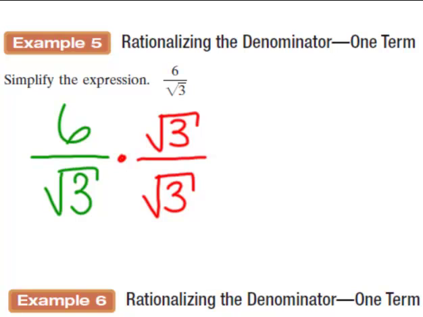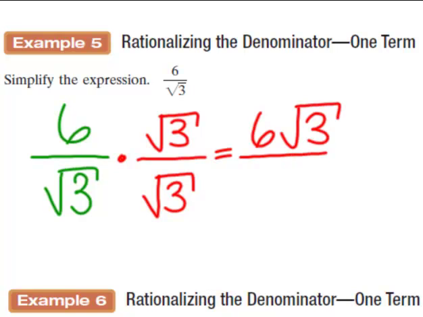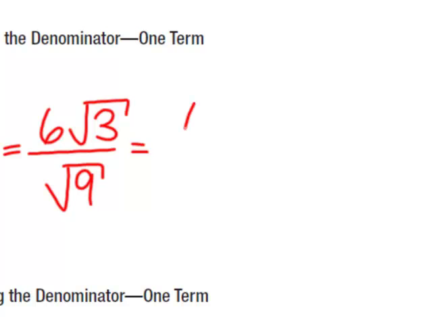Remember, whatever you do to the bottom, you have to do to the top. So on the top, I end up with 6 root 3. And on the bottom, square root of 3 times square root of 3 is the square root of 9. And hopefully you've caught on, just like we've done before, that this is like the square root of 3 squared. So the square and square root cross each other off, and we are left with just 3, the number underneath.